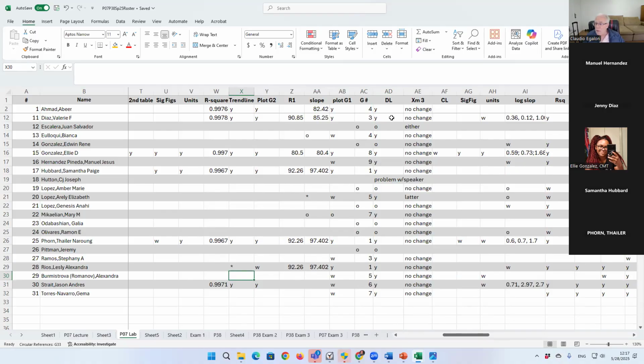Alexandra Romanov. Okay, let's start working on graph 2. So you finished graph 1, right? Alexandra? Yes, okay, good. What's the slope that you got for graph 1? Double check, please.